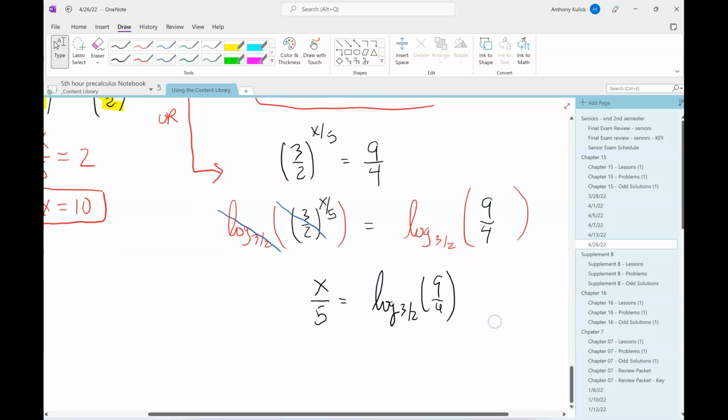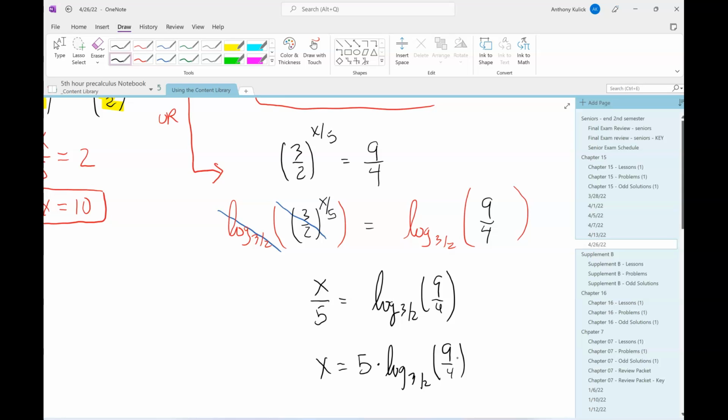And then we would proceed just like we did before and multiply both sides by 5. So I'd have 5 times log base 3/2 of 9/4. And now it's just calculator time.